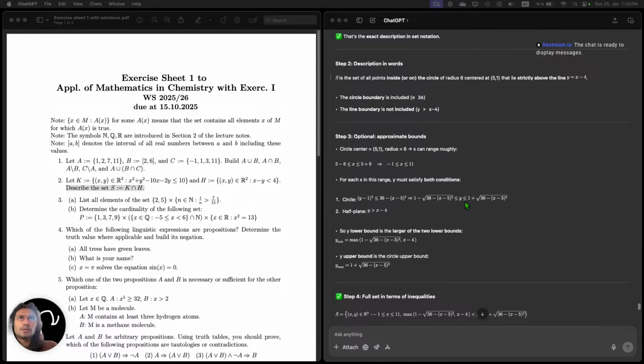Half plane. So y lower bound is the larger of the two lower bounds. Wow.